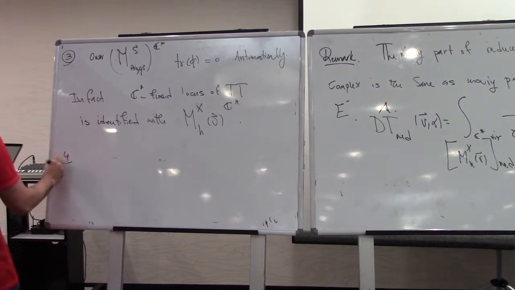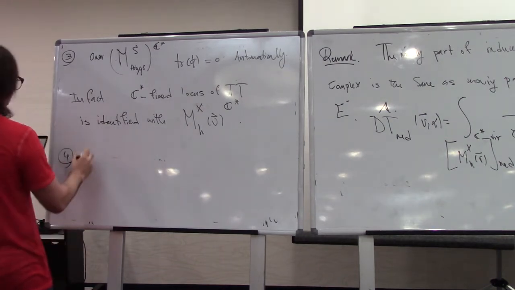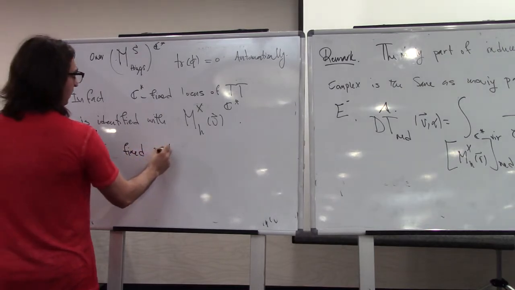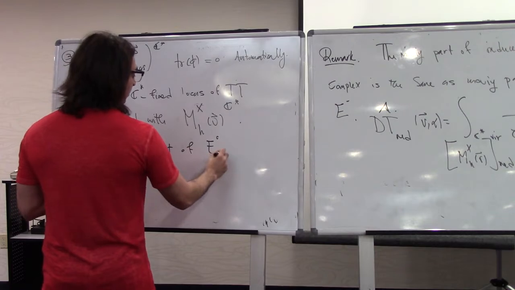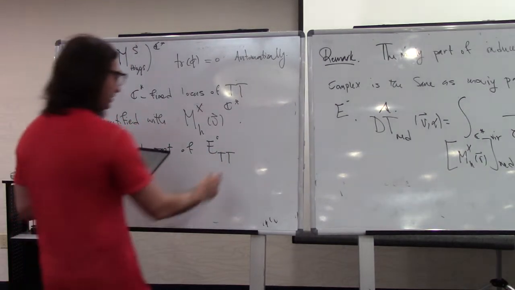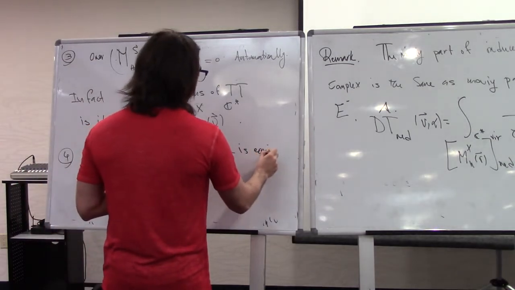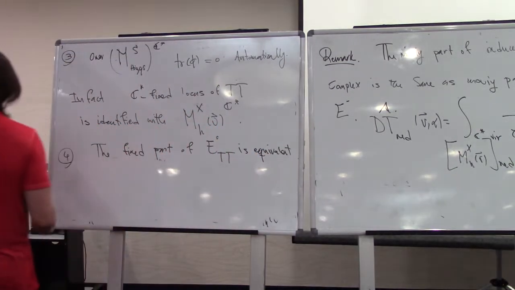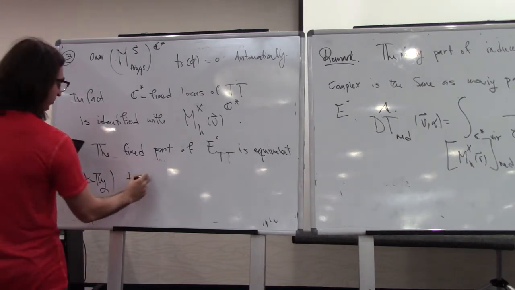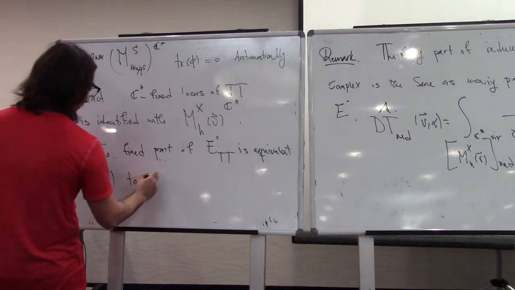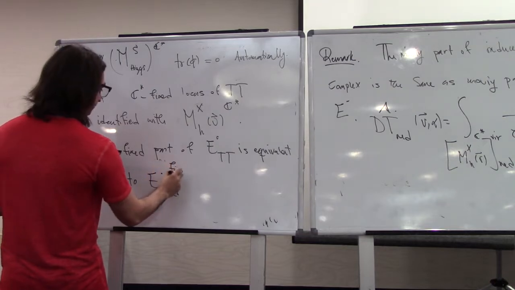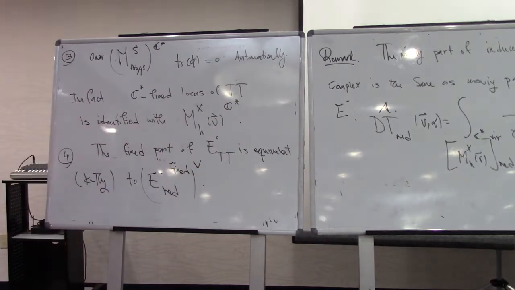So here's fact 4. The fixed part of E dot Tanaka Thomas, the obstruction complex for this Higgs pair moduli space, is equivalent in K theory to the fixed part of E dot reduced that I just defined.